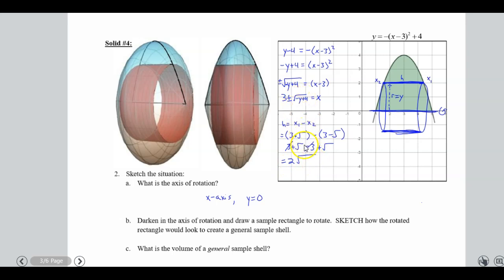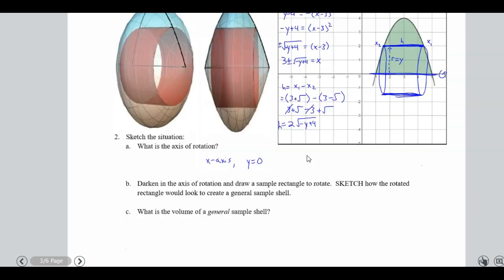And I'll go and fill it in, of either 4 minus y or negative y plus 4, whichever way you'd like to write it. It doesn't really matter. So negative y plus 4 we'll say is that height. So go ahead and put all those together. So we got r is our y, h is this 2 times the square root of negative y plus 4.